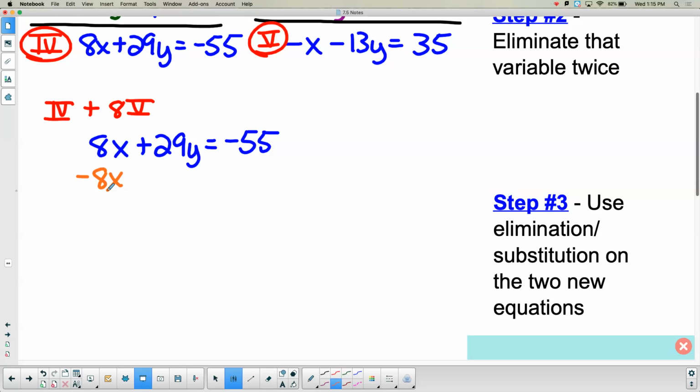Ooh, 8 times 13. What? 8 times 12 is 96. 104, so it's negative 104y.